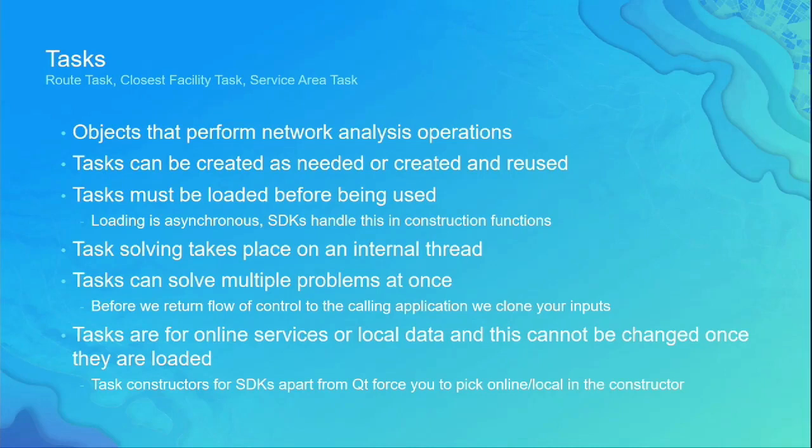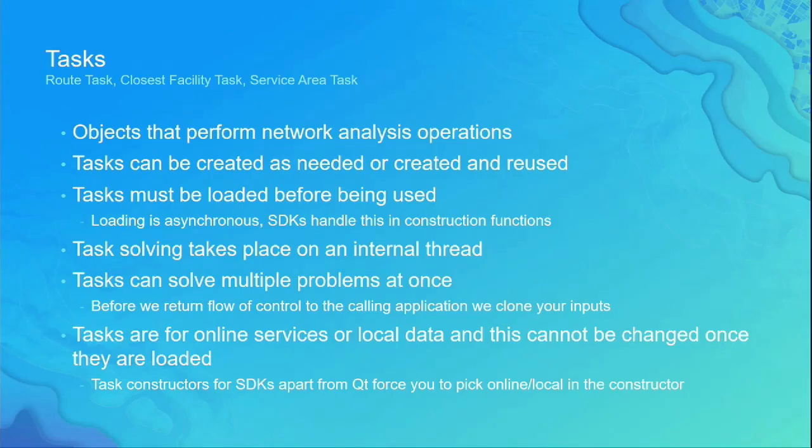Tasks have to be loaded before being used because they potentially have to talk to a service. That's why if you look at the SDKs, they have an asynchronous load method, like an asynchronous creation method. If you're ever wondering, why do I have to await on creating a task? It's because it has to go talk to the online service to make sure that it exists. Task solving takes place on an internal thread.